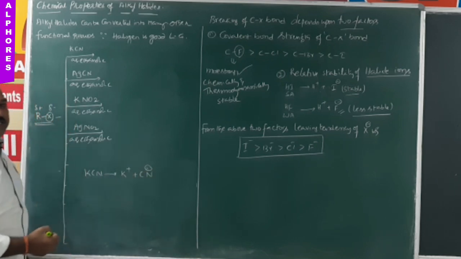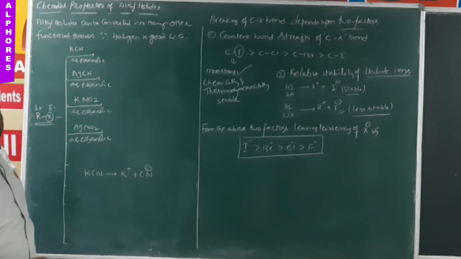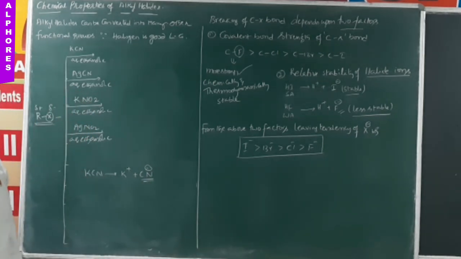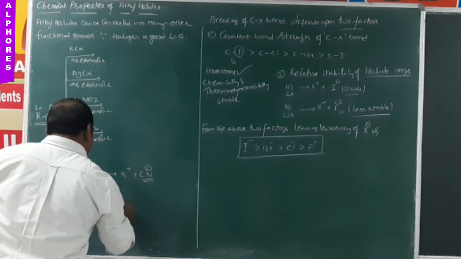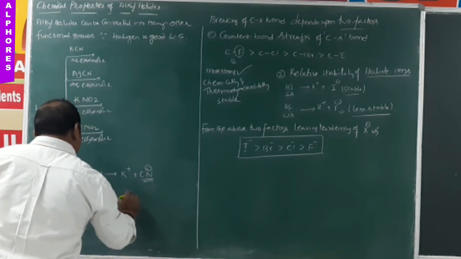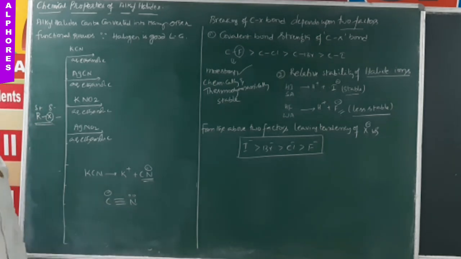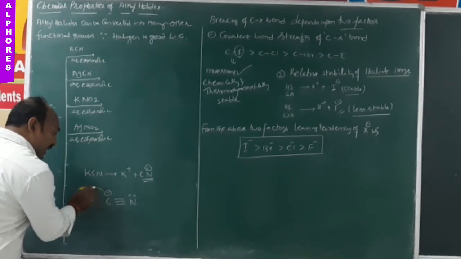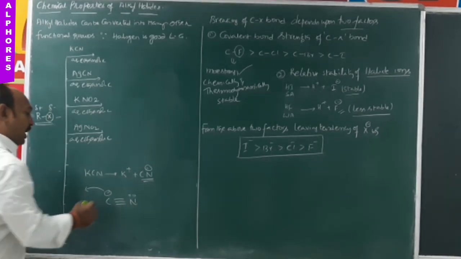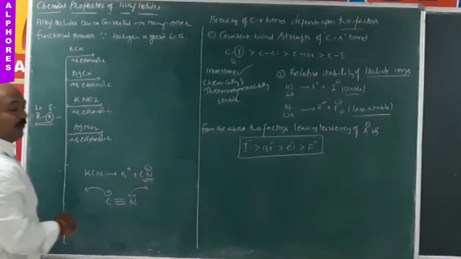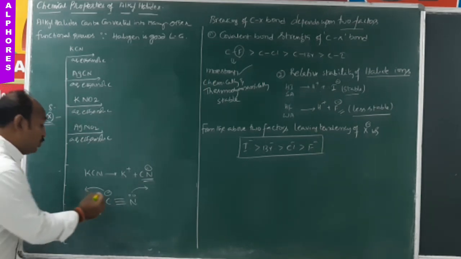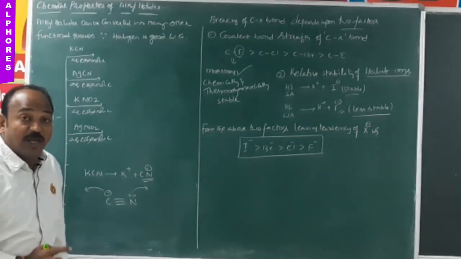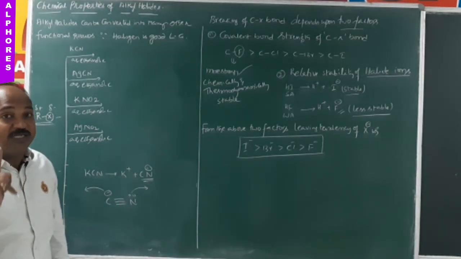Now it is very clear CN minus is an ambidentate ligand. What is meant by ambidentate nucleophile? It has a lone pair on both nitrogen and carbon. So it can donate its lone pair from carbon and also from nitrogen. It has two donor centers, but it can donate from only one center.